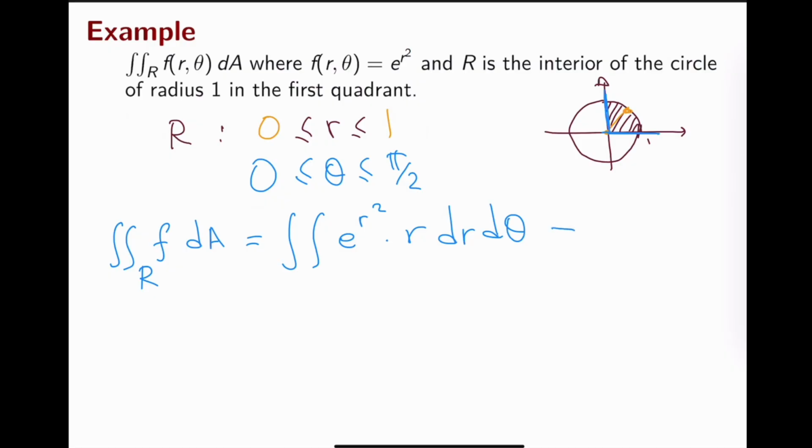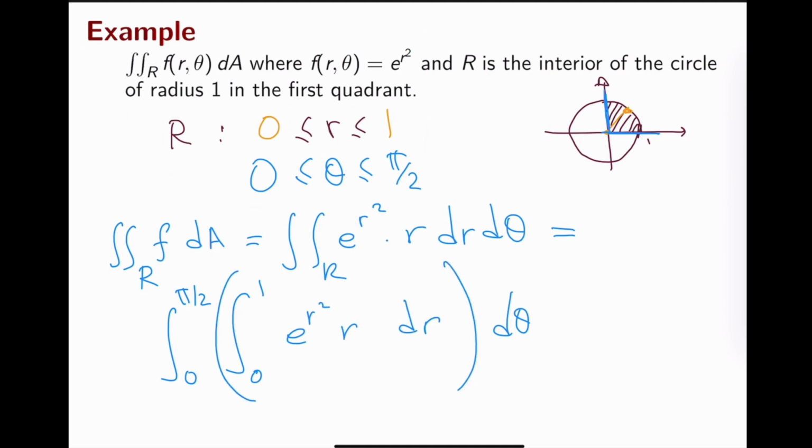And so now the angle is going to vary between 0 and pi half, this is the d theta, and the radius r is going to vary between 0 and 1, and so we have that the function is e^(r^2) r dr.